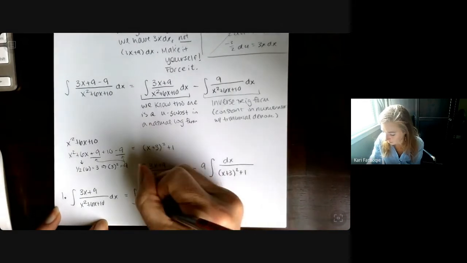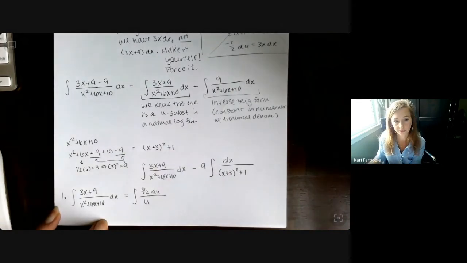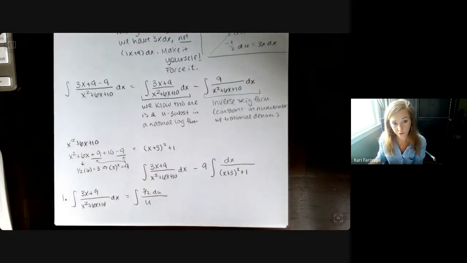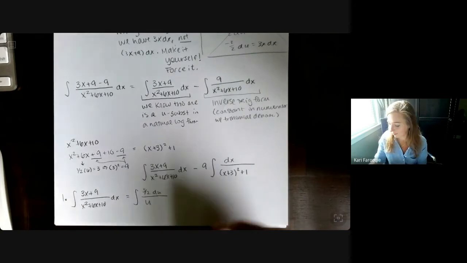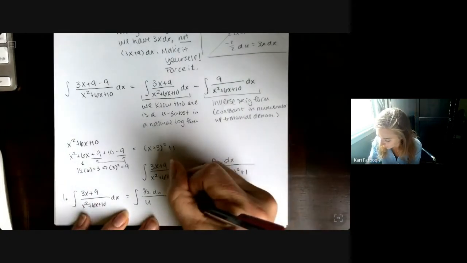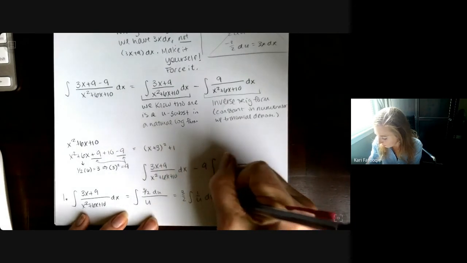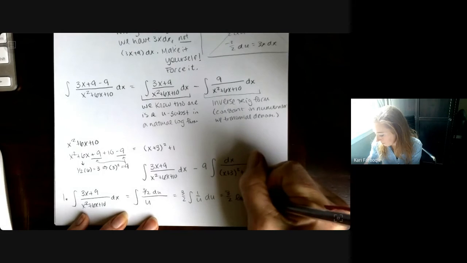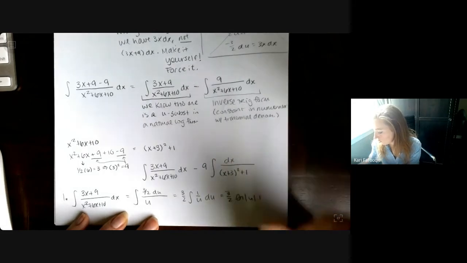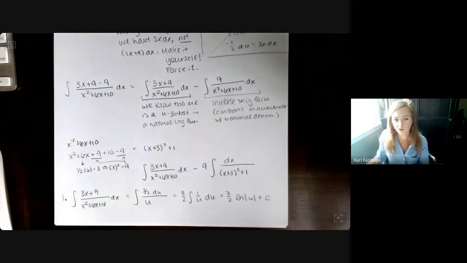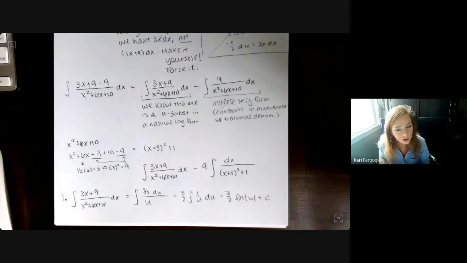And then just divided by u. Super straightforward, right? So that's just a Calc 1 thing right there. This is 3/2 times the integral of 1 over u du, which is where your natural log comes in. I'm going to write plus c just because it's hard for me to not write the plus c.